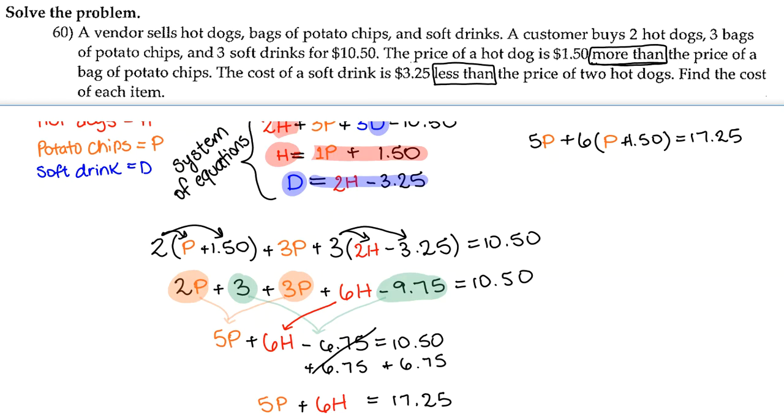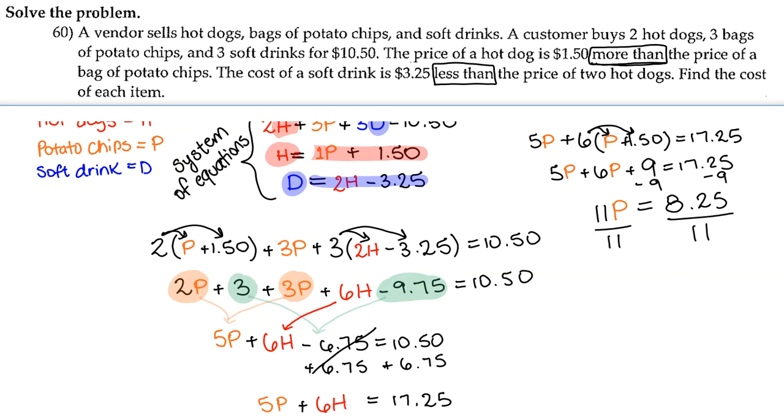Simplifying this, we will get 5p plus 6p plus 9 equals 17.25. And when we put together the like terms, we will get 11p is equal to 8.25. Now we just divide by 11 and we'll get that p is equal to 0.75. You can just put this in your calculator and it'll get 0.75.